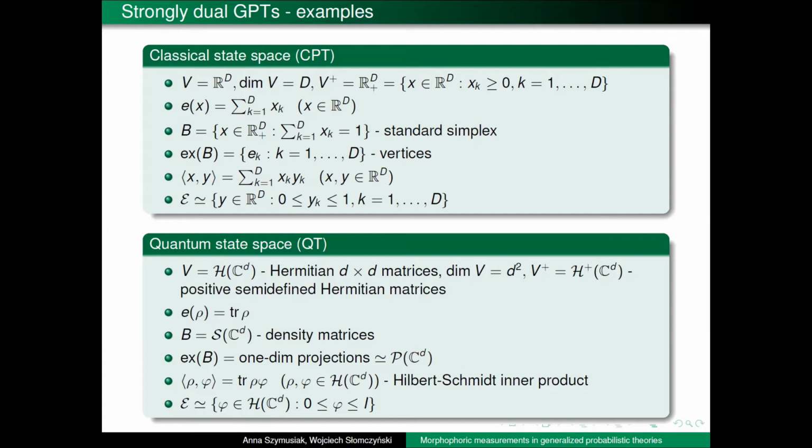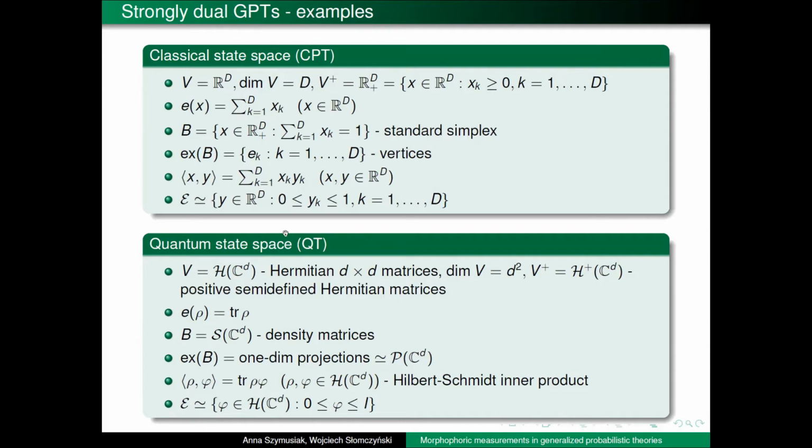The other, completely different example, probably best known, is the quantum state space, where this real vector space is the space of Hermitian matrices, and the positive cone is the set of positive semi-definite Hermitian matrices.